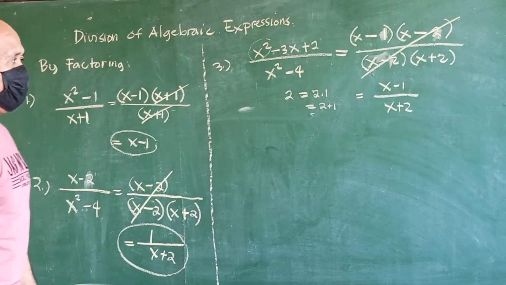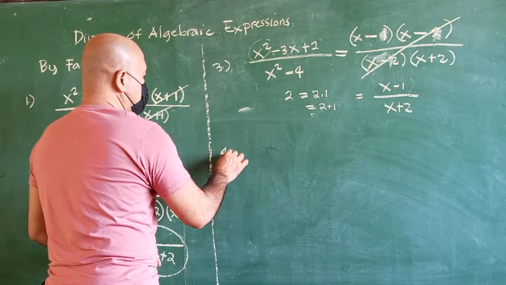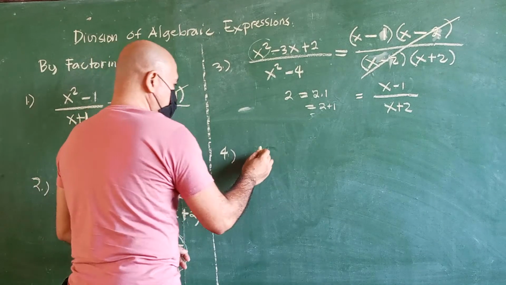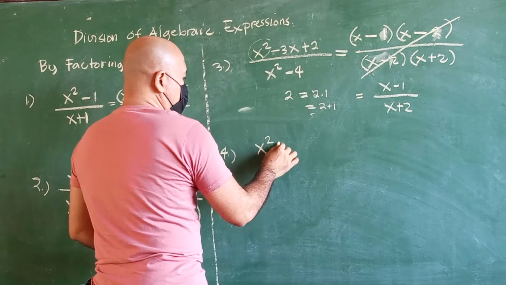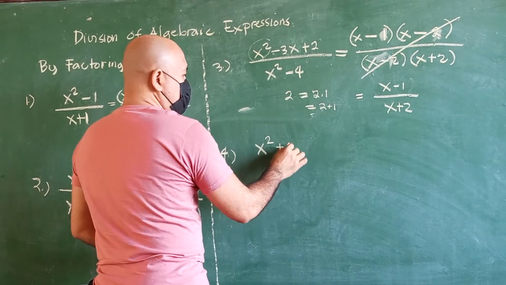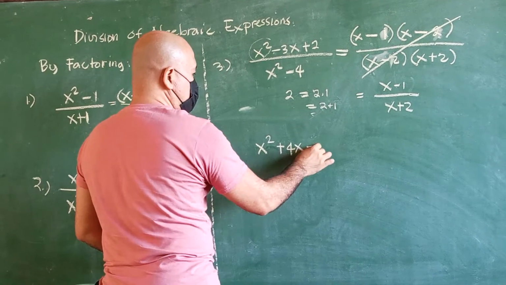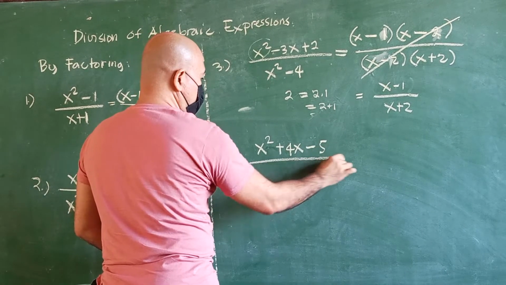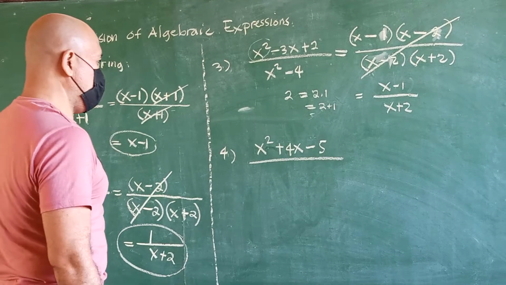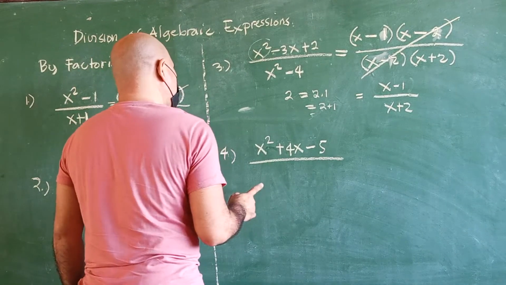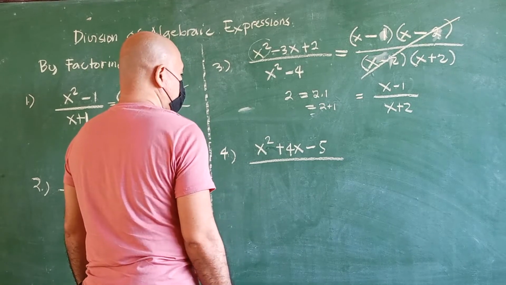As simple as that if you have mastered the factoring of expressions. The last one for this is when you have x squared plus 4x, for example, and then minus 5, so x squared plus 4x minus 5.